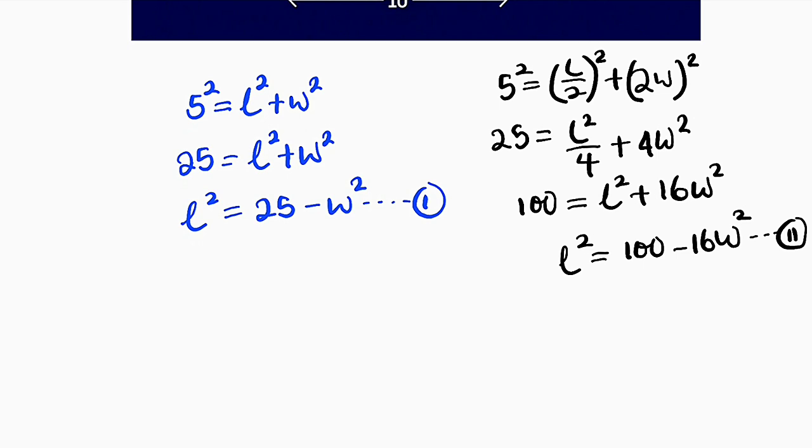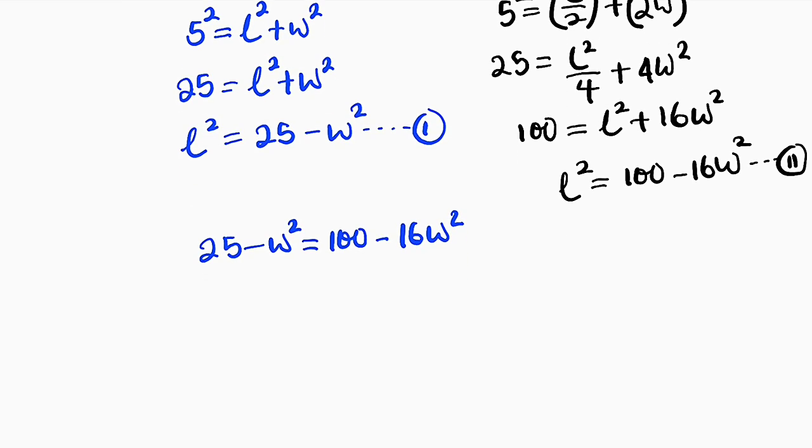Now we can relate equation 1 and equation 2. They're both written as L squared, right? So which means that their right hand side must be the same. This means that 25 minus w squared must be equal to 100 minus 16w squared. All right.